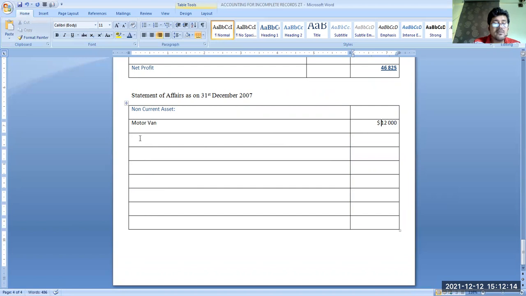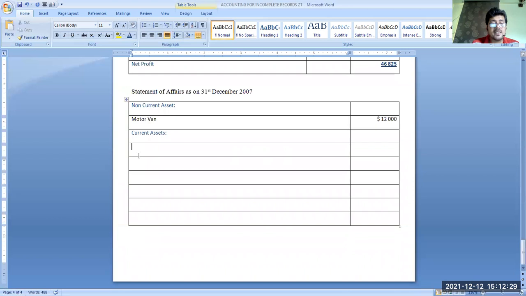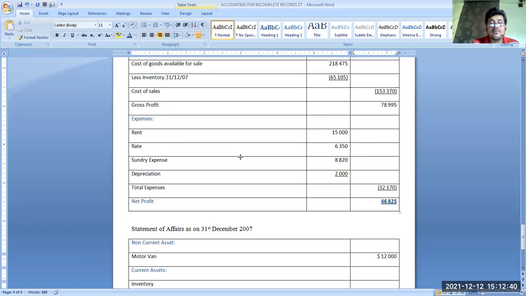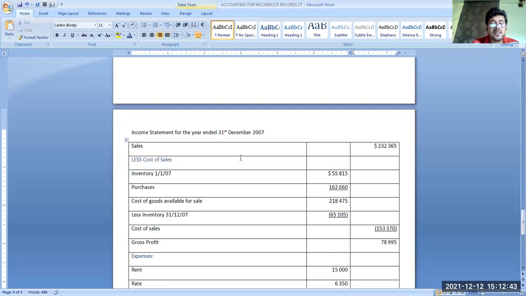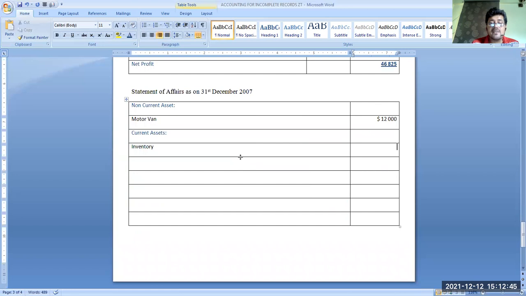Okay, now come to the current assets heading. Current assets. This is our heading. Now, for current assets, we have the list: inventory or stock, whatever you want to write. Inventory at the end of the year is 65,105.